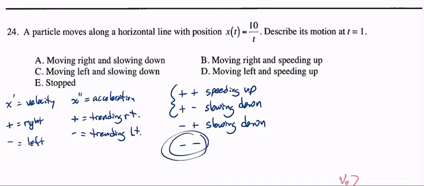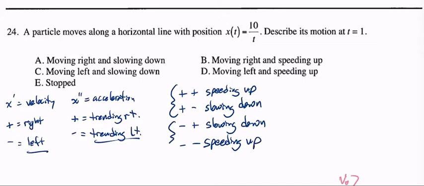The last one: we're going left and we're trending left, so this negative acceleration is making this negative velocity even more negative. And so this one would be speeding up. Kind of weird, right? But there is a trend here. If your signs are opposite, then you're going to be slowing down. If your signs are the same, then you're going to be speeding up.